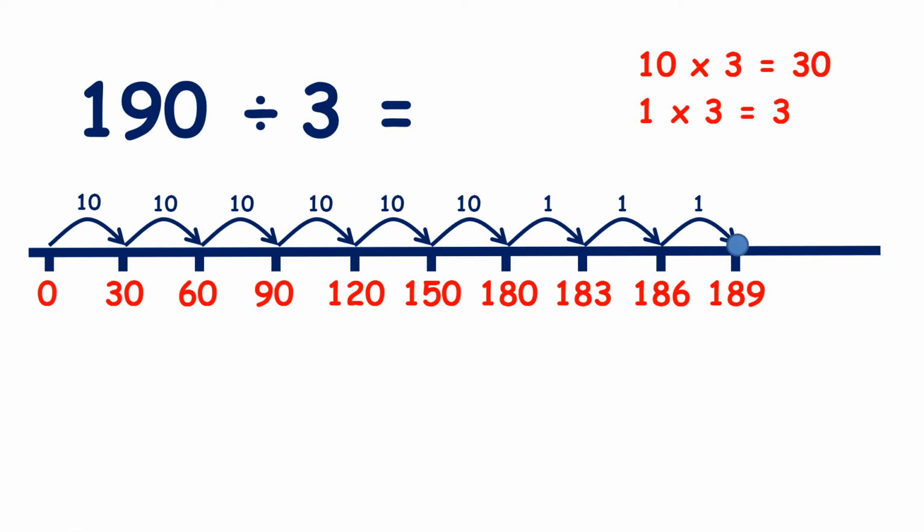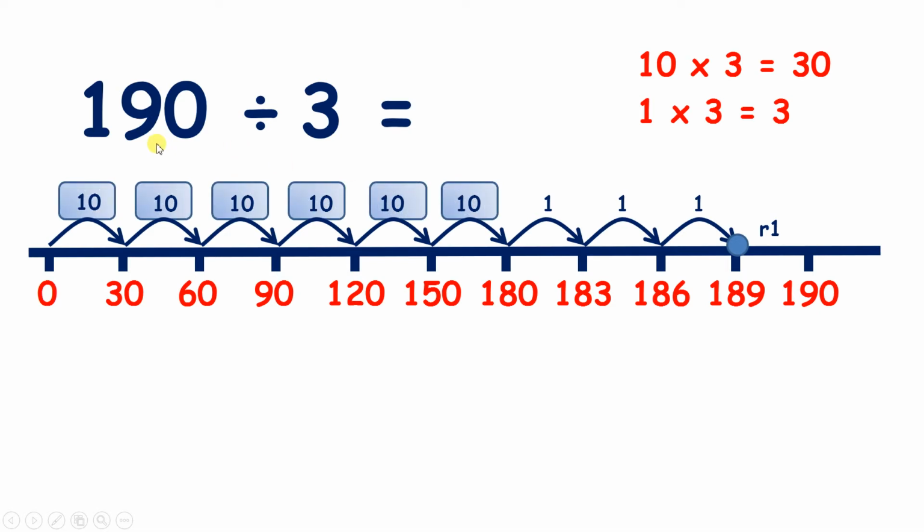But another 3 would take us to 192, and that would be too many. So we need 1 more to get to 190, and that is our 1 remainder, because it isn't 1 step of 3, it's just 1.